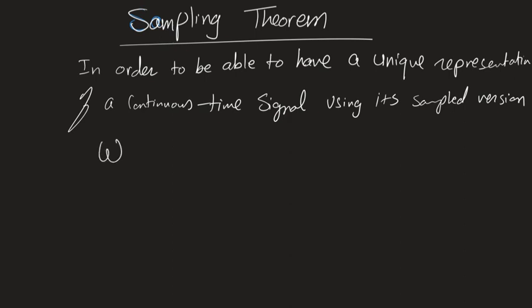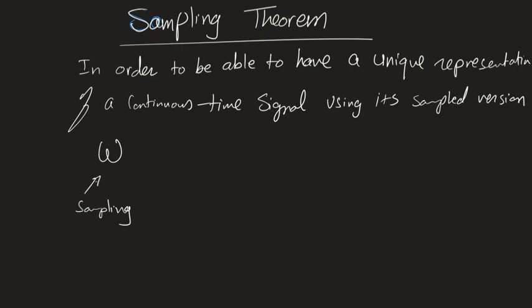The sampling frequency, omega s, is called the sampling frequency. Again, this is frequency in radians. You might find other conditions that rather than saying omega s, say Fs. The difference between Fs and omega s is just a 2 pi factor, right? Omega s is equal to 2 pi Fs, okay? And if omega s is 2 pi over Ts, then Fs is just the inverse of Ts, 1 over Ts.